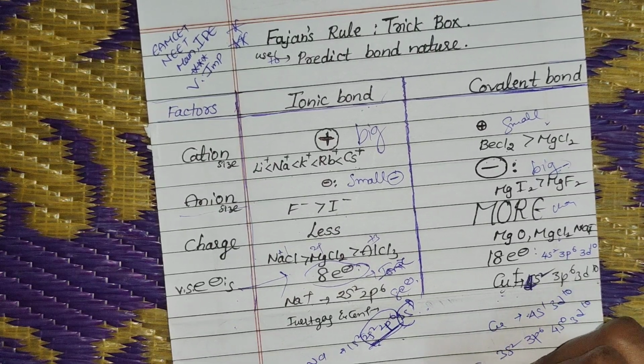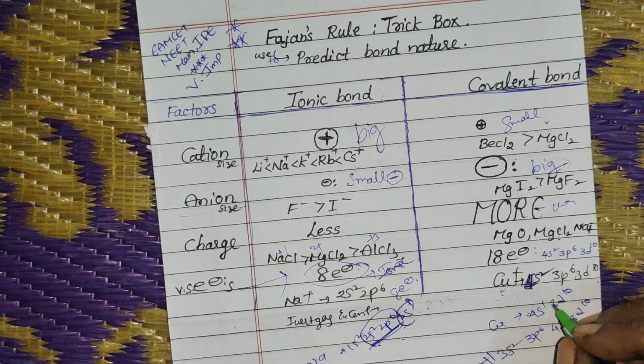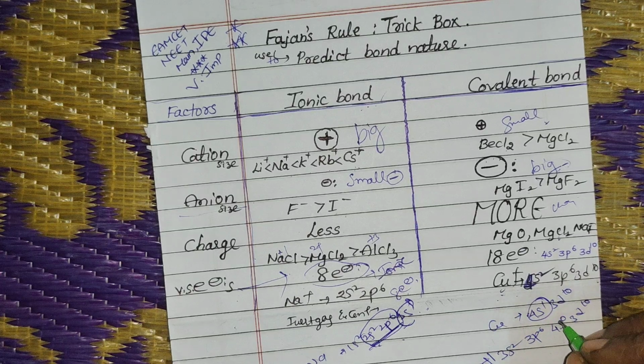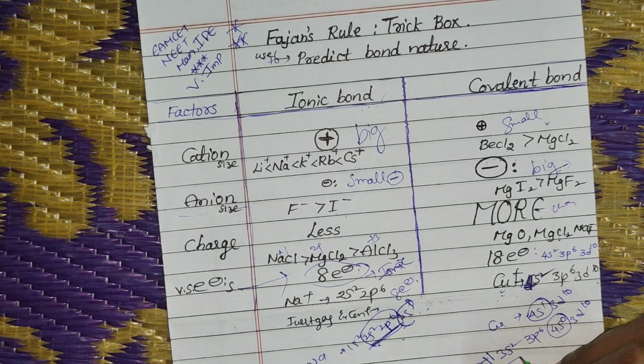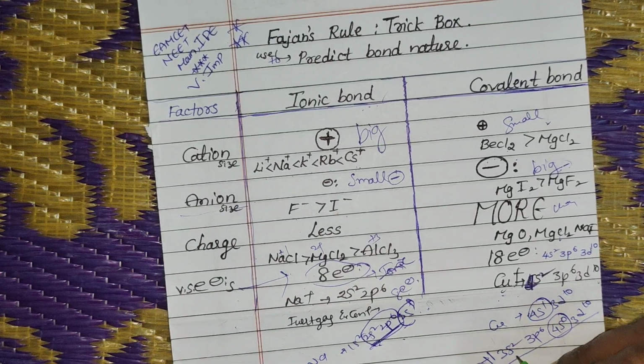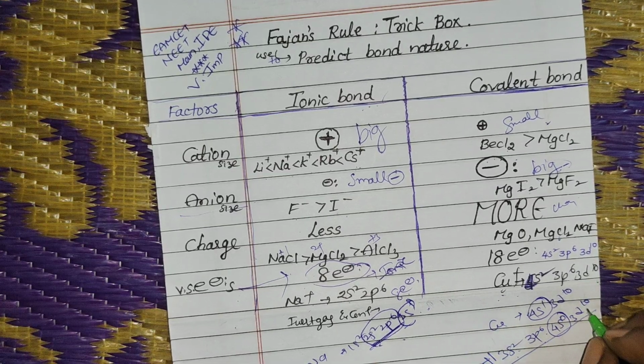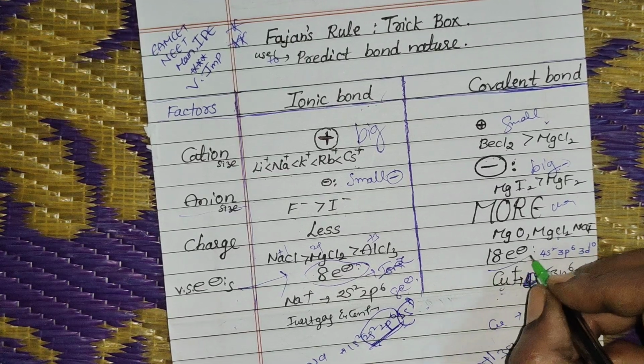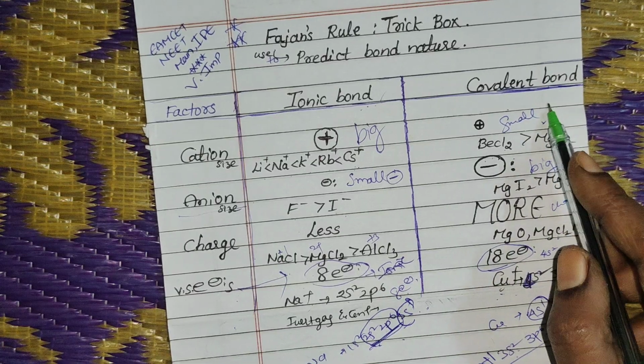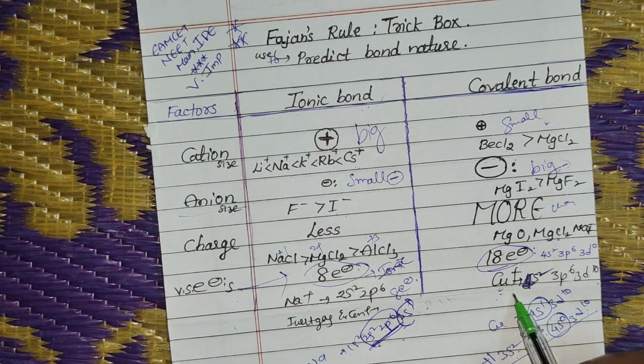For what purpose? Copper +1. Here 4s1 converts to 4s0, then the third shell is the valence shell. It contains 3s2, 3p6, 3d10, meaning 2 plus 6 plus 10, total 18. So 18 electrons prefer what? Covalent bond, the covalent bond in the case of copper.